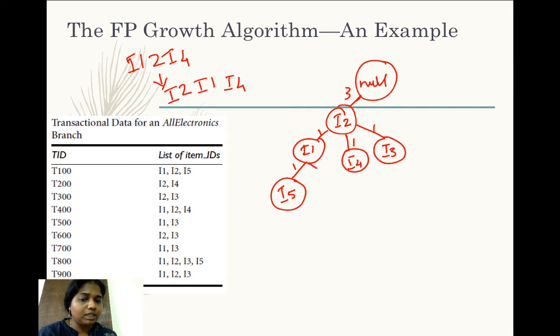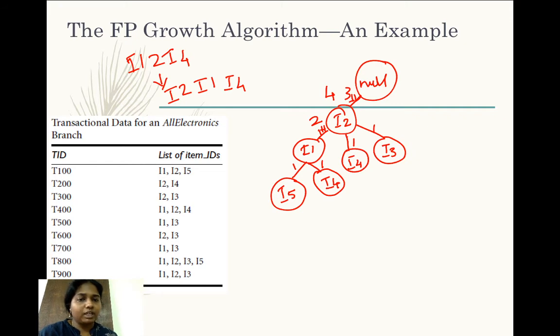So from here I am going to add the node I4. I am going to make its support value as 1 and all its predecessor nodes I have to increment by 1. So this will become 4 and this will become 2. Is it clear here? So by the end of scanning of transaction ID 4, this will be my tree structure.